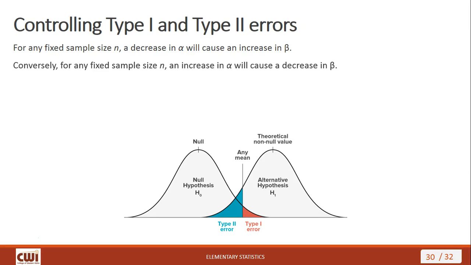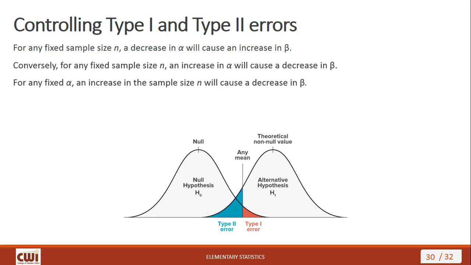Well, what happens if we don't have a fixed sample size? Let's say we actually fix alpha instead. Now that we're fixing alpha, that means that our sample size can change, which means the size of our distributions can get bigger. The shape of our distributions can be altered slightly.